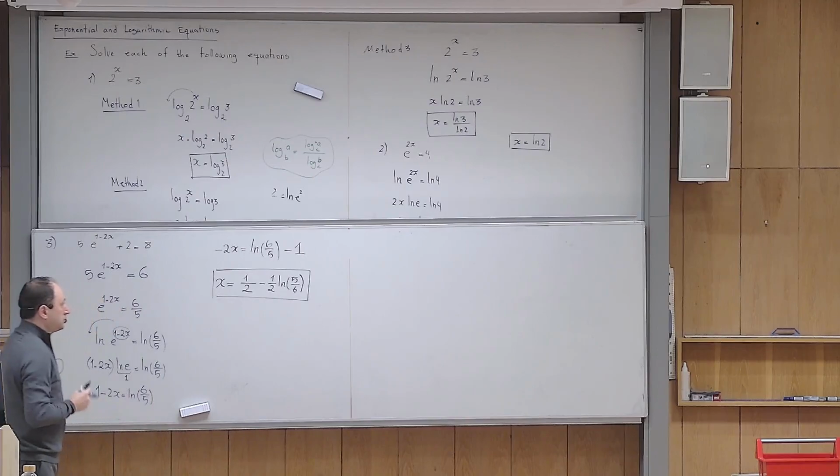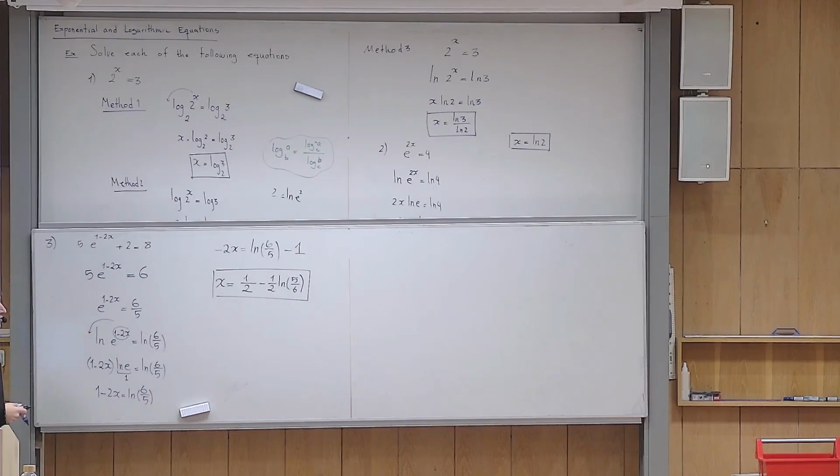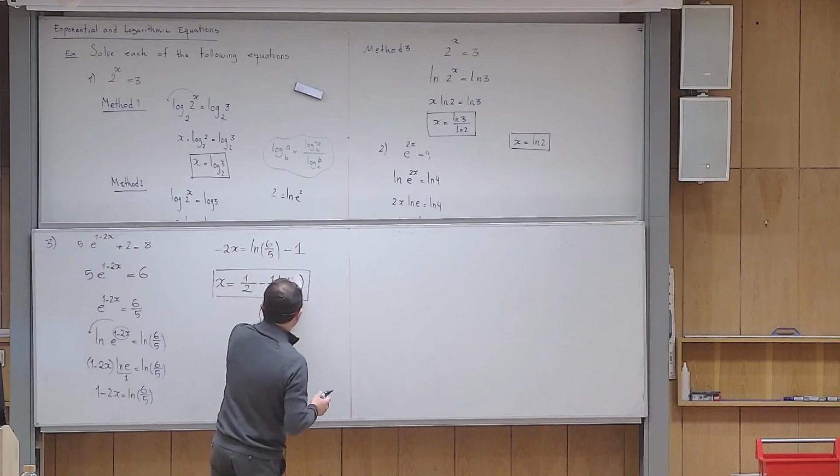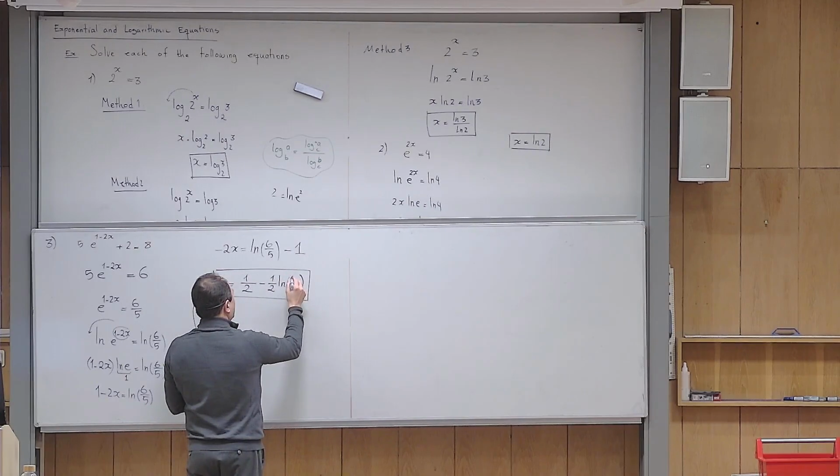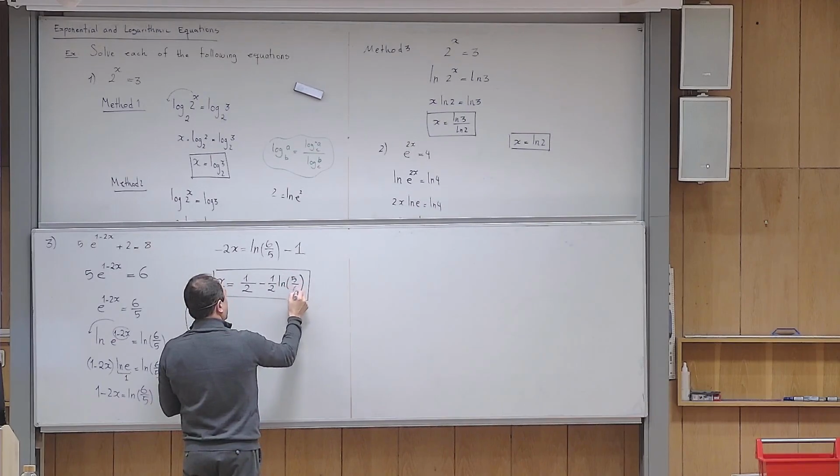If you want to find approximate values, of course, you have to use your calculator. But when I say the exact value, I mean this. Or do you prefer to write it expanded? No, again, I made a mistake here. Let me just do it correctly. So let me just write 5 over 6.